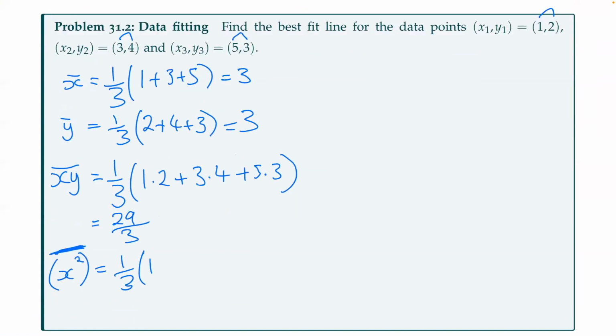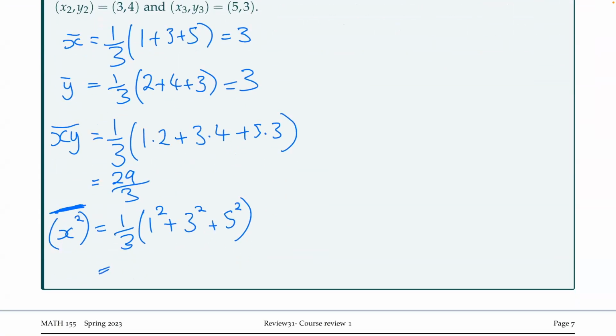Well, that's 1, so we will have 1 squared, 3 squared, and 5 squared. So if you work that out, you have 1 plus 9 plus 25 in the middle, so that's 35 over 3.